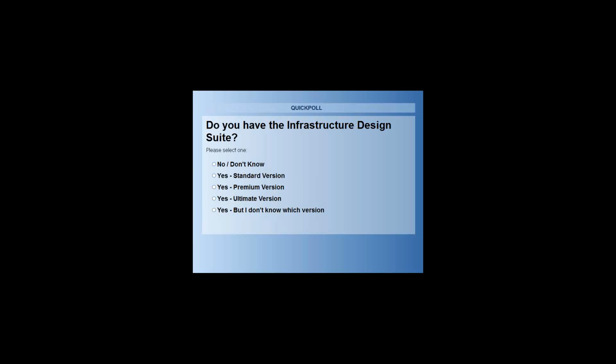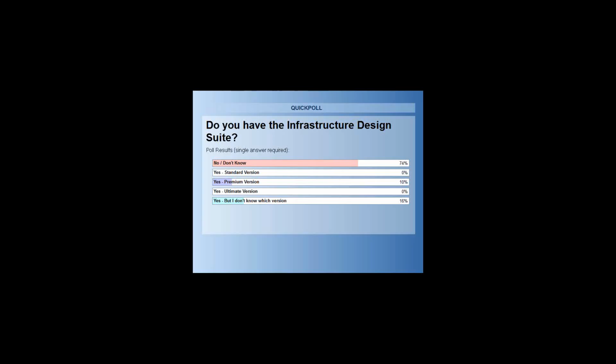All right, I'll go ahead and show this here real quick. So it looks like most people don't have it. So this new migration thing is a great opportunity. For an extra $55, you get a ton of software. I would highly recommend that you take advantage of it. Don't say, no, I don't want it. This is my personal recommendation.